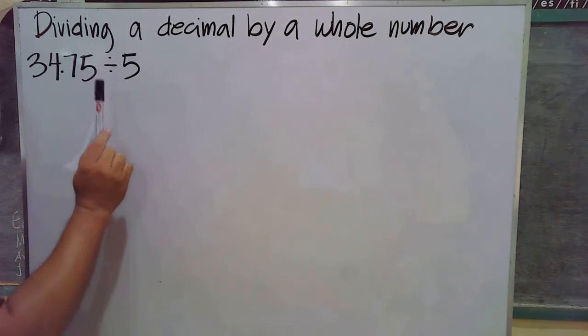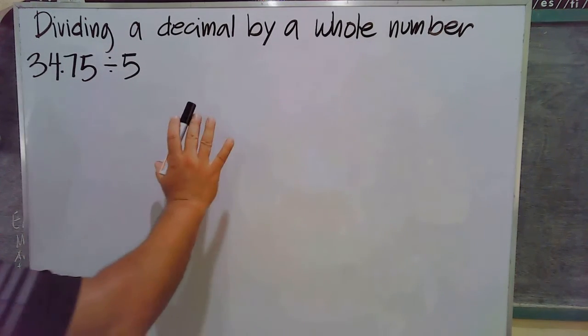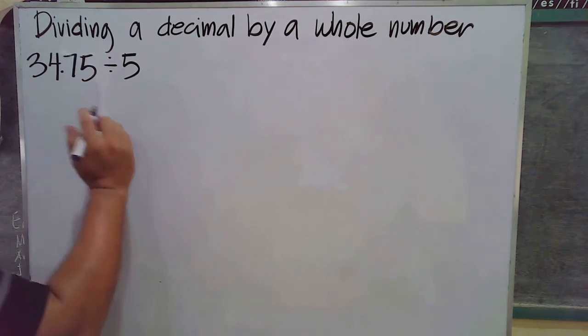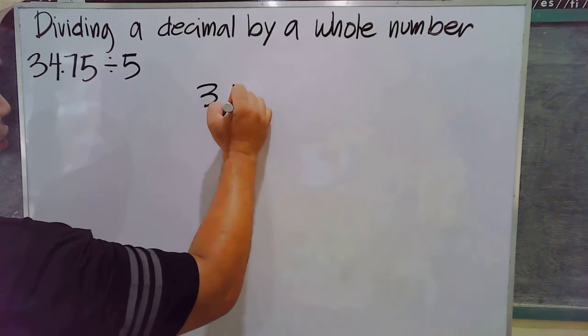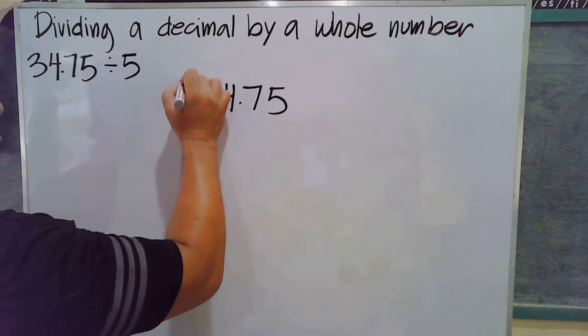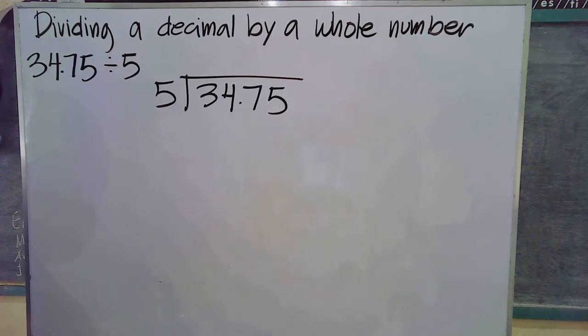So we are dividing a decimal number by a whole number. So first, let's arrange them just like we are dividing a whole number. So the decimal number here is our dividend, which is 34.75, divided by 5 for our divisor.